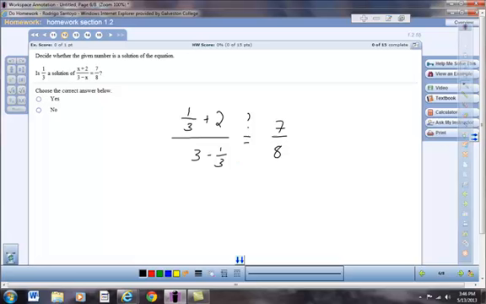We could just input this in our calculator. It's just a matter of practicing it on your calculator and getting yourself familiar with it. After you input it, you should see that the left does equal the right side of the equal sign, so yes would be your solution.